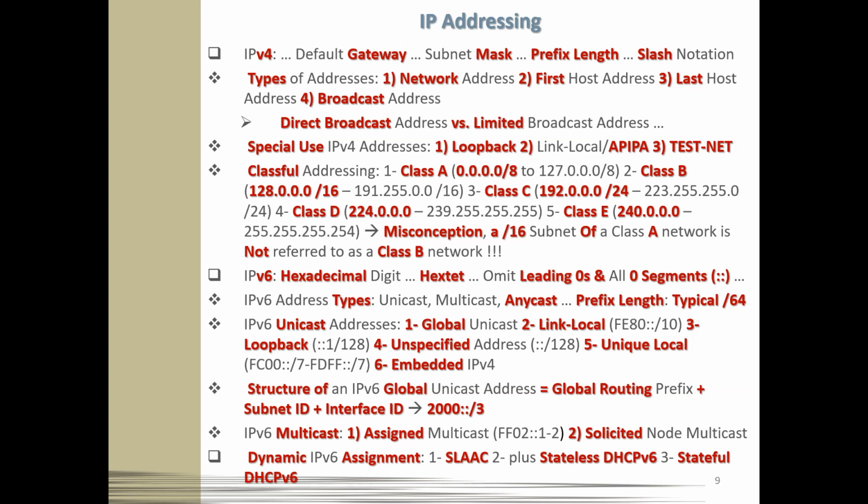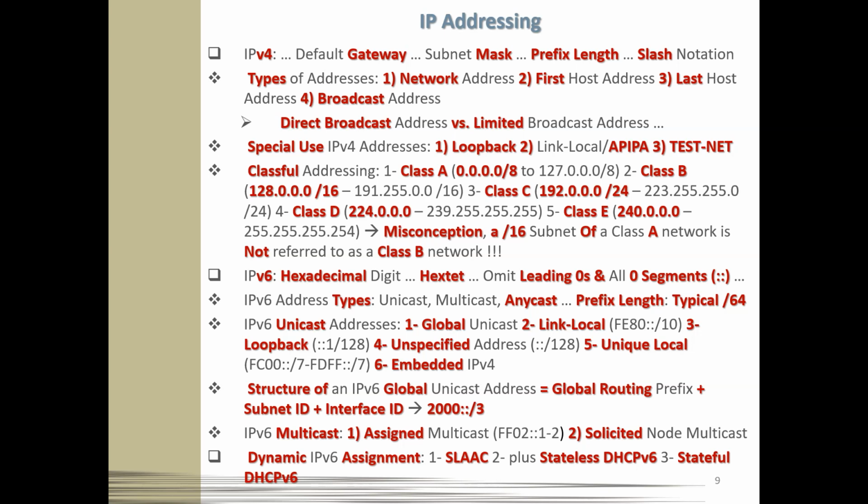Finally, we have class E. Class E was reserved for experimental and research purposes. Class E IP addressing ranges from 240.0.0.0 all the way up to 255.255.255.254.